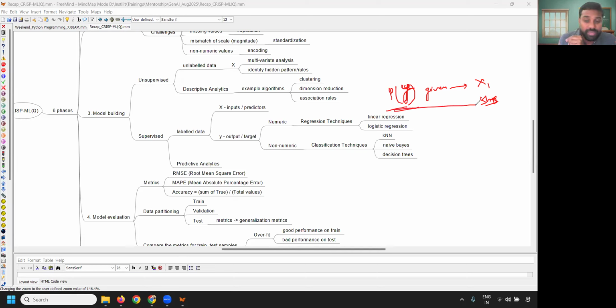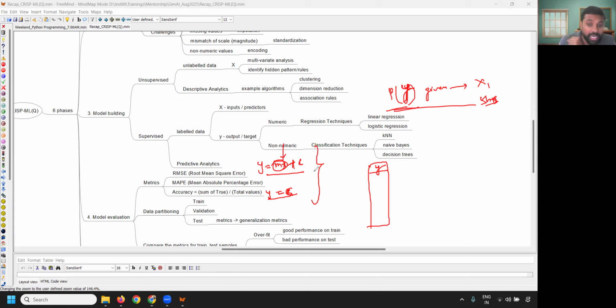This is very similar to y = mx + c. If I don't have x, y = c. This is the y-intercept, which is nothing but the average. That is what we are looking at when we take only the results, Y. But X also influences it, so we say X is also included in the equation.